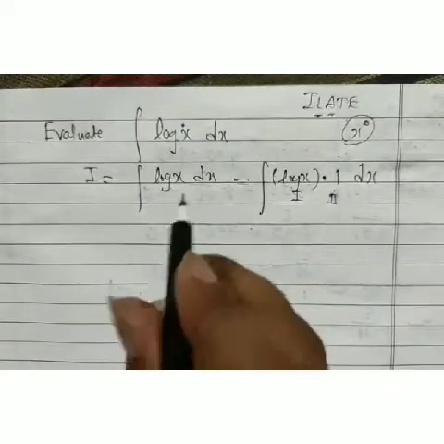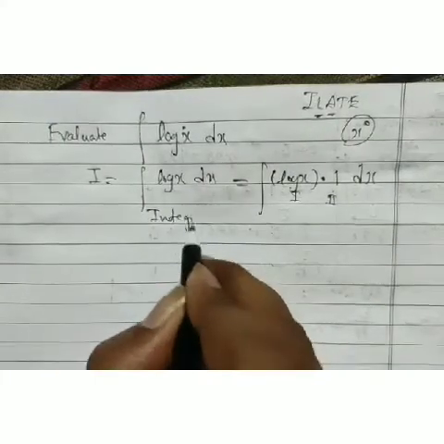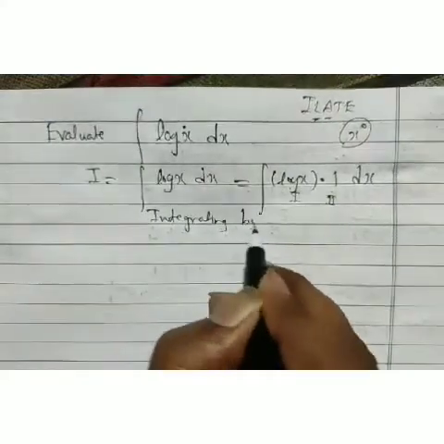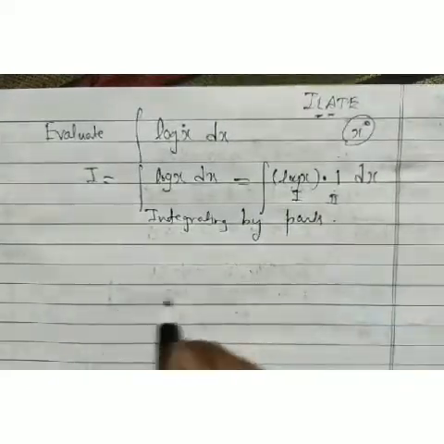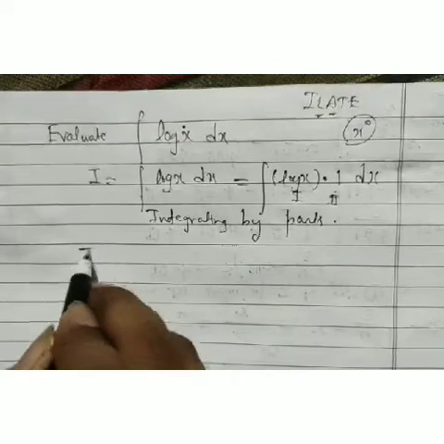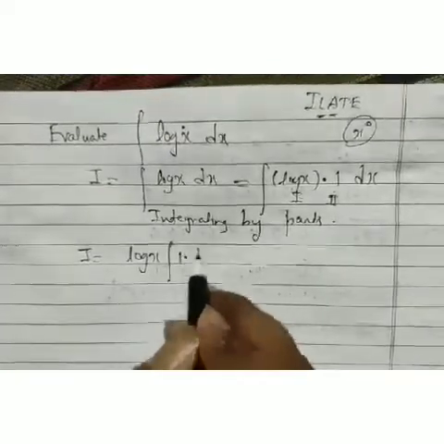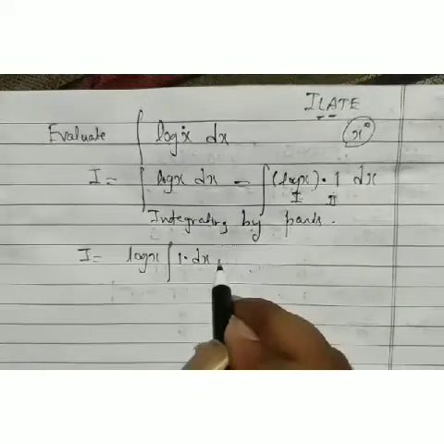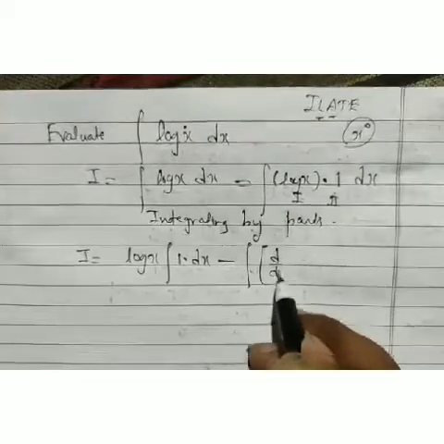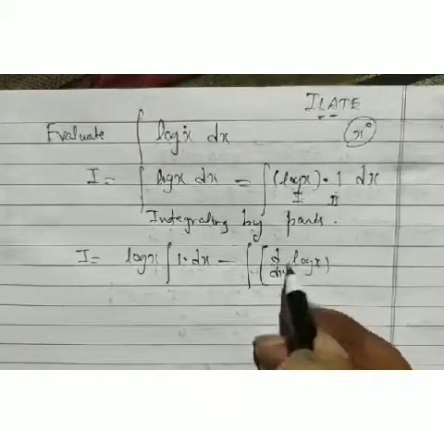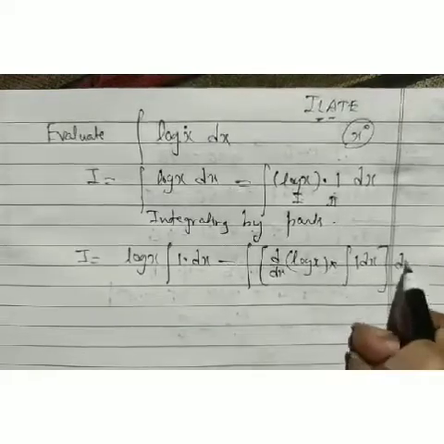Now we use integration by parts. We write log x, the first function, times the integration of the second function, 1 dx, minus the integration of the derivative of the first function times the integration of the second function, dx.